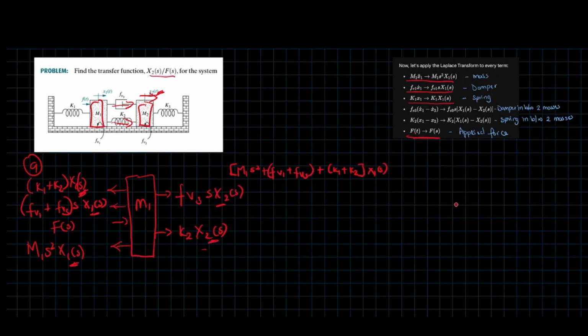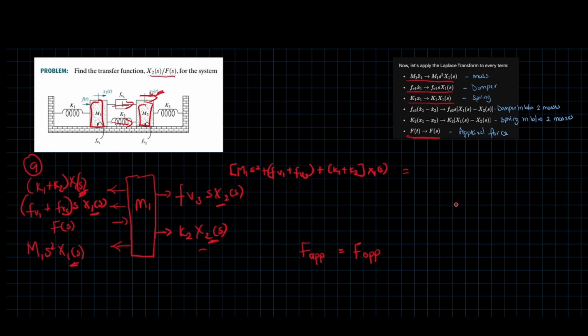And now for the other side, the sum of applied forces equals the sum of opposing forces. So this is actually an opposing force, it's supposed to be on the other side.